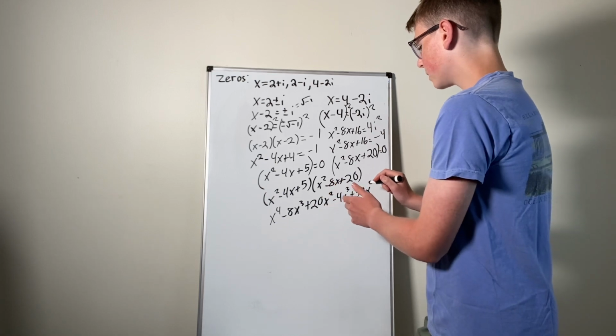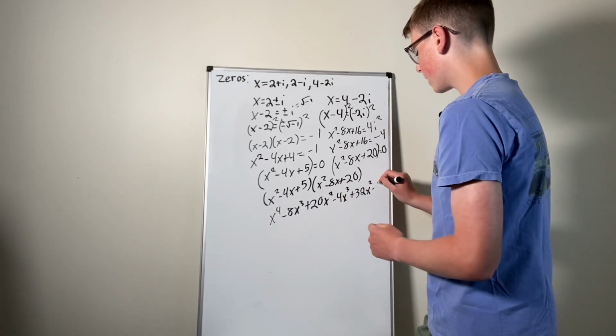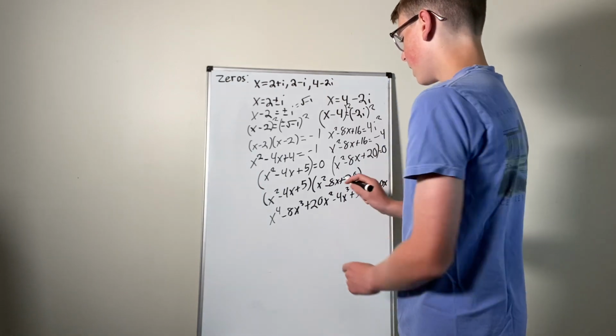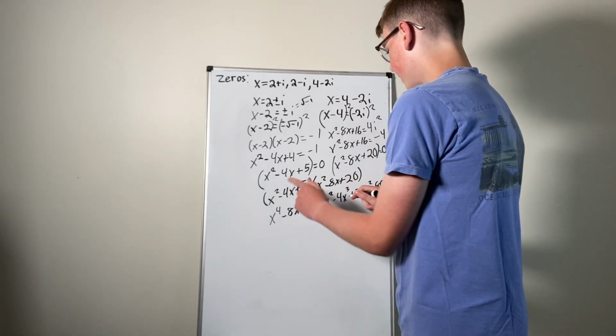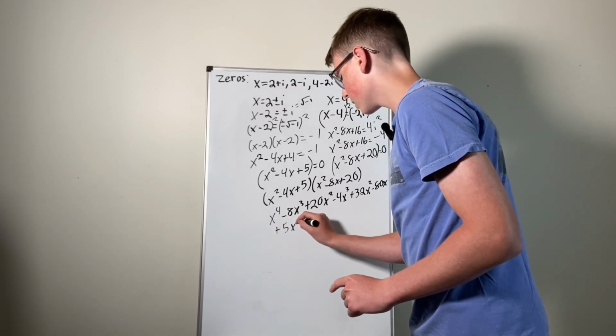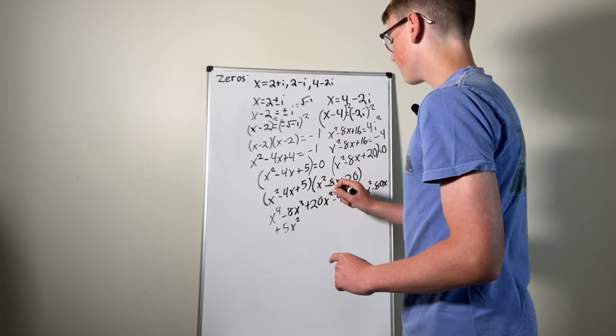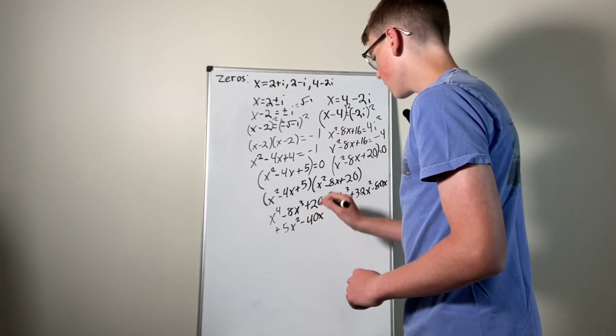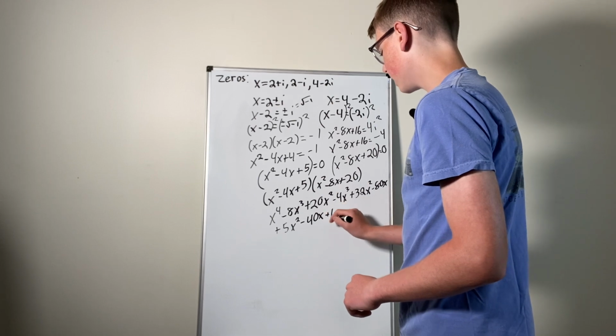Negative 4x times 20 is negative 80x. I'll just keep going down here. And then 5 times x squared is 5x squared. 5 times negative 8x is negative 40x. And 5 times 20 is 100.